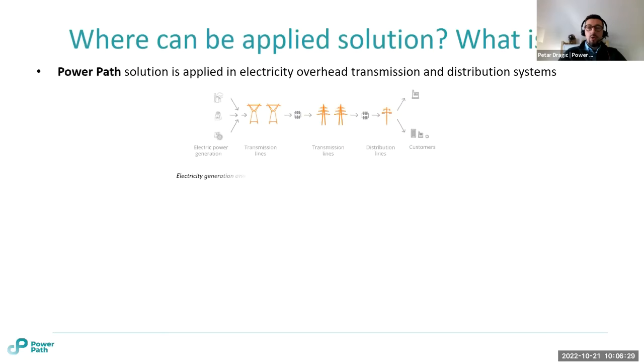Now let's go to the PowerPath solution as software for power line design. Before I start with the live demonstration, I want to answer the most asked questions. The first question is, where can we apply the software solution? PowerPath can be applied for overhead transmission and distribution systems, or distribution lines. It means you can use the solution for transmission and also for distribution lines.